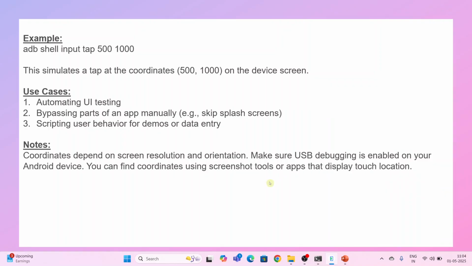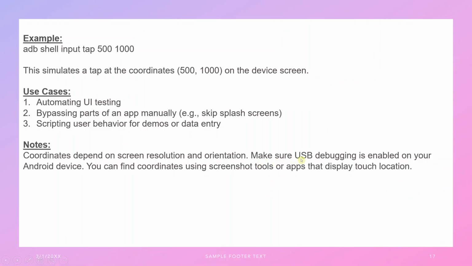Make sure that USB debugging is enabled on your Android device. As you know, when you want to work with Android ADB commands on a simulator or real device, USB debugging should be enabled, which comes under the developer options.